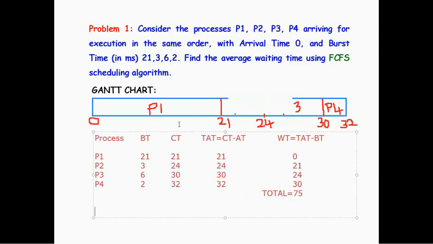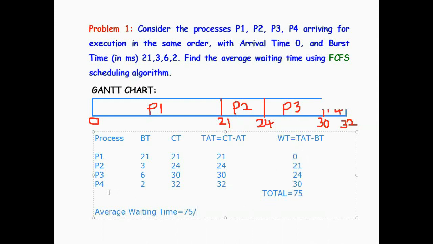So average waiting time is equal to sum of waiting times of all the processes divided by total number of processes. Average waiting time is equal to sum of waiting times is 75 divided by total number of processes is 4.